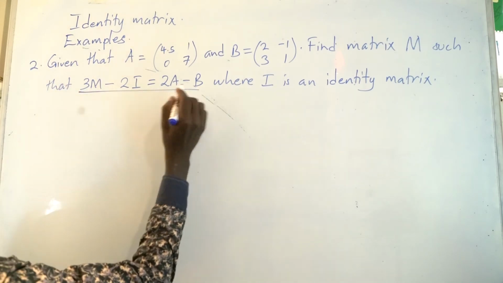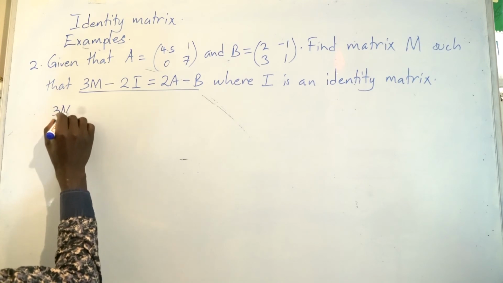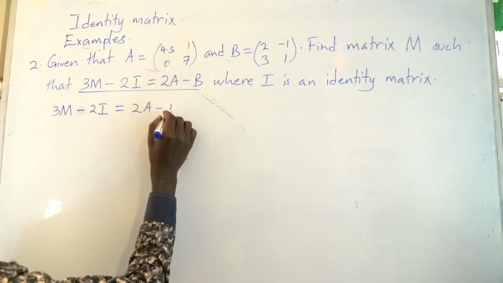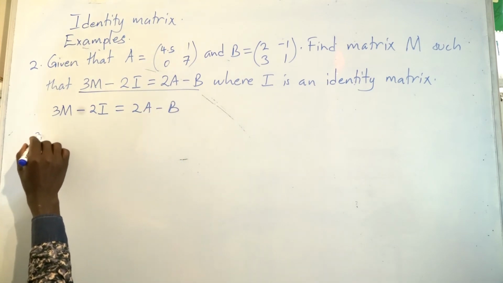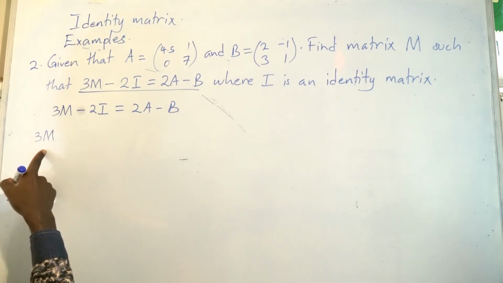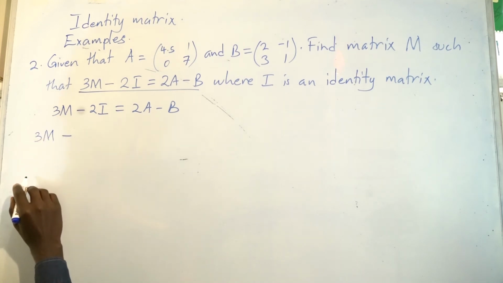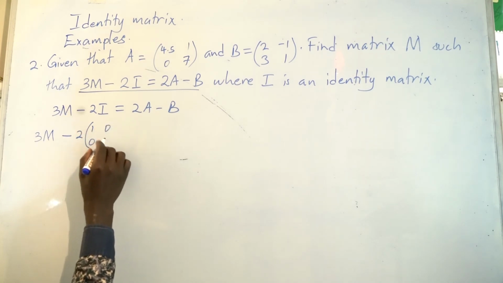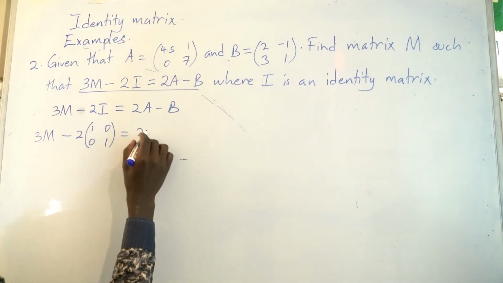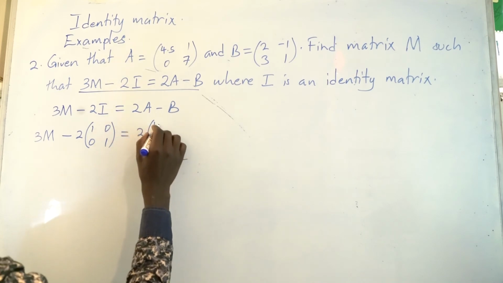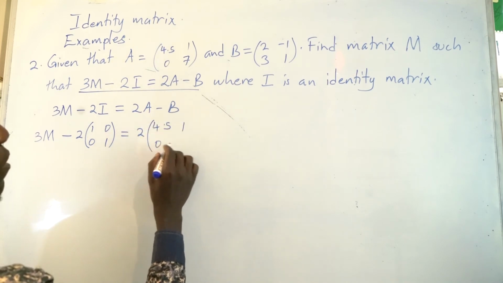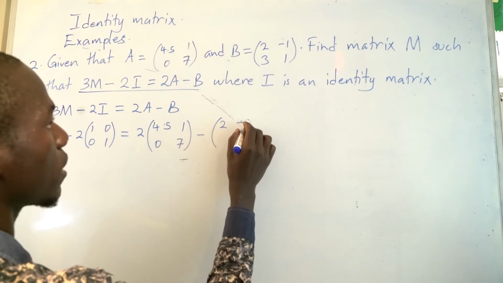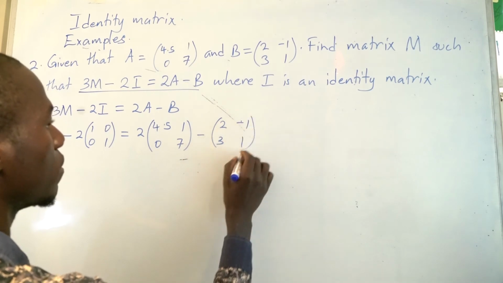I begin with the lead, 3M minus 2I is equivalent to 2A minus matrix B. So I substitute, I don't know matrix M, then 2 times the identity matrix 1, 0, 0, 1 is equivalent to 2 times 4, 5, 1, 0, 7, minus matrix B, which is 2, negative 1, 3, 1.